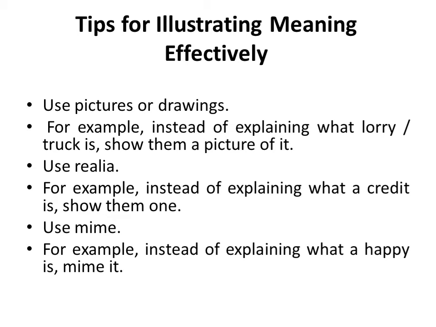For example, instead of explaining the meaning of a vocabulary item, the teacher can show them an item, like a book, door, window, etc., starting from the low level to the advanced level. So the activity or the idea should be explained depending on the students' level.